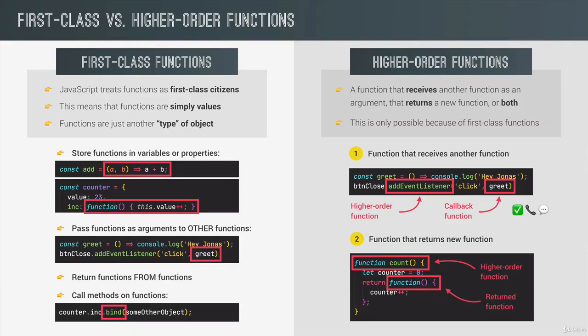There are no first-class functions in practice, okay? It's just a concept. There are, however, higher order functions in practice, which are possible because the language supports first-class functions. So it's a subtle difference, but still worth noting if you want to be able to talk like a true JavaScript master. Great! Now in the next lecture, let's actually create our own higher order functions.